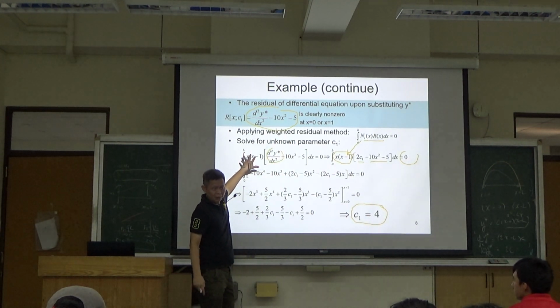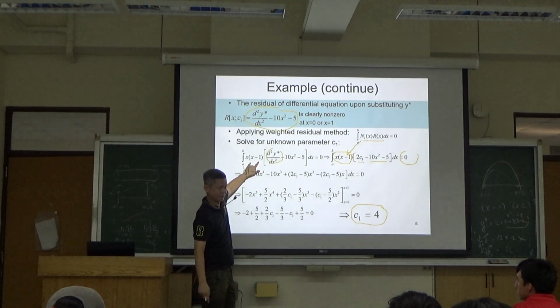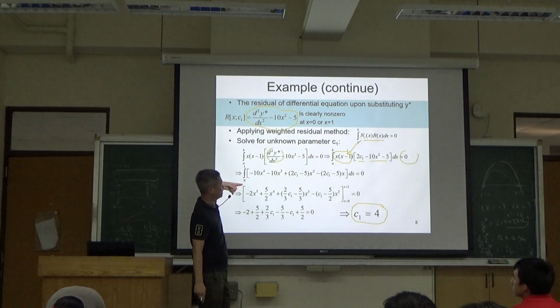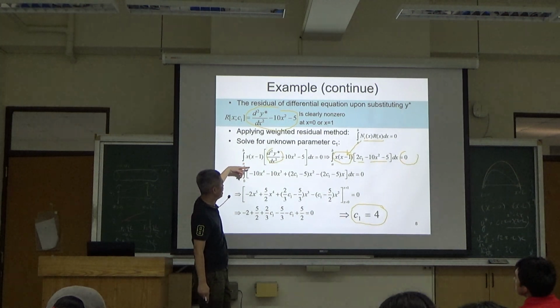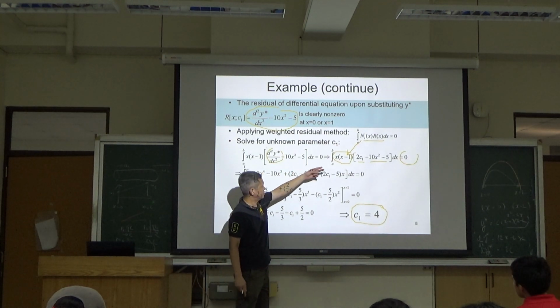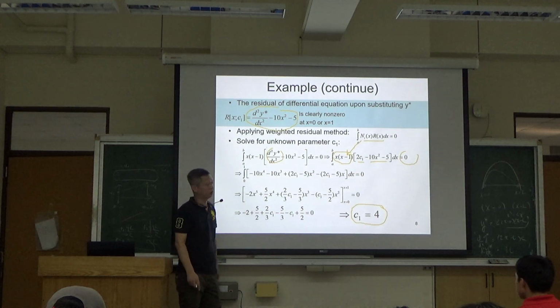If I now do the substitution of that so-called gradient into my equation of motion, and now I pre-multiply it with my weightage. This weightage is my shape function. Then I can minimize it. How do I minimize it? I minimize it just after integration, then I set it to 0.